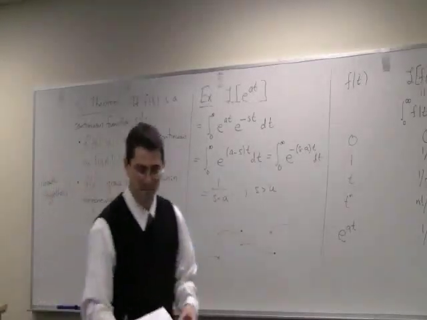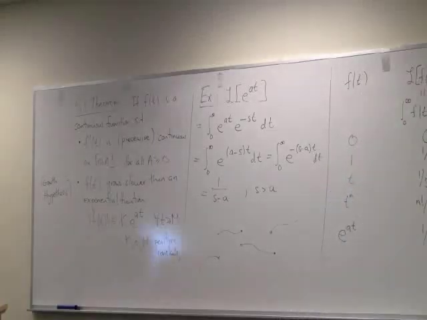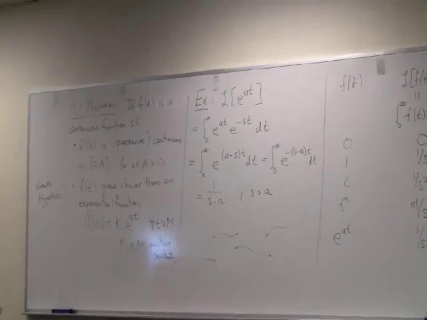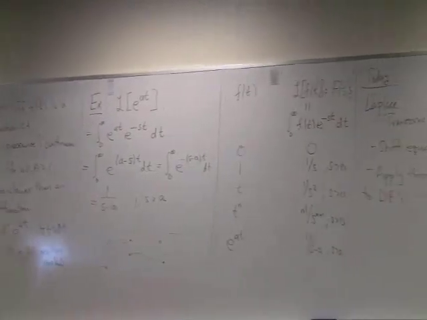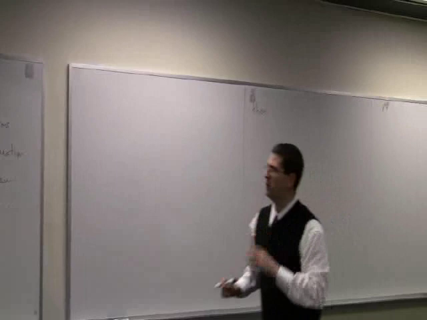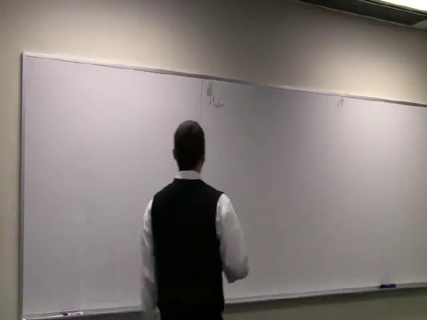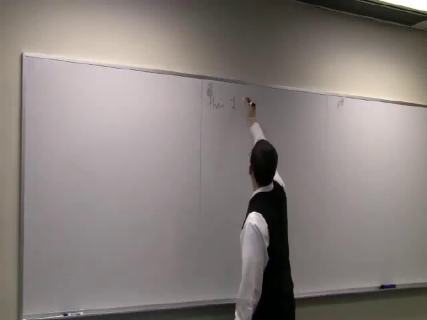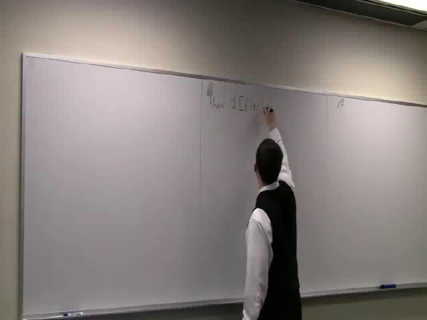All right, so let's get the conclusion over here. Then, if you have these two conditions, the derivative is continuous and you have the growth hypothesis on f, then the Laplace transform of f prime of t exists.